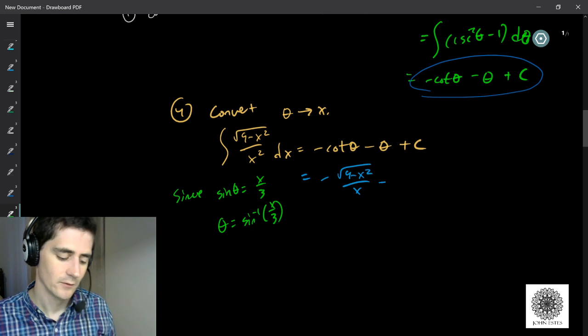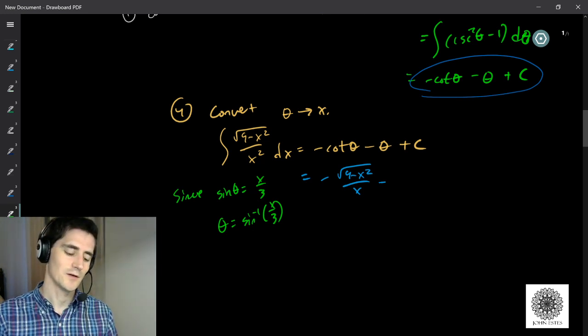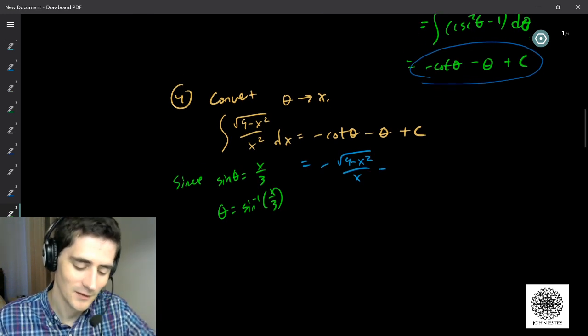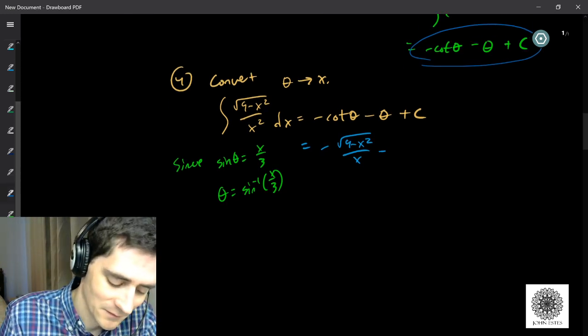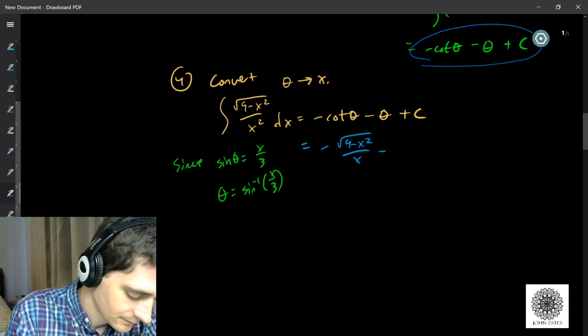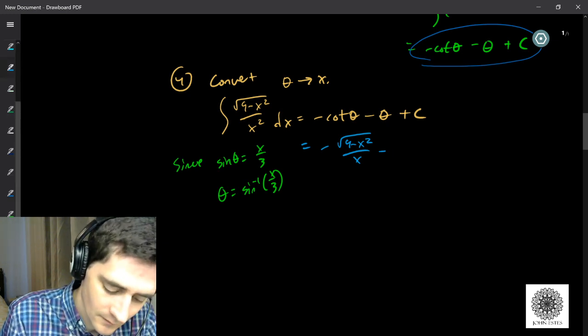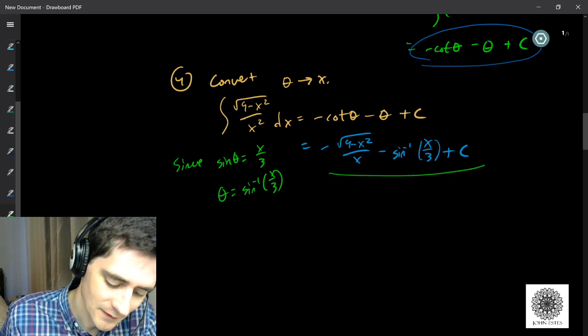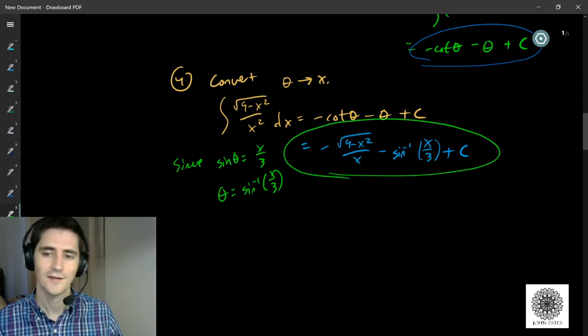And remember, we restricted theta to be quadrant 4 to quadrant 1, so that is consistent with inverse sine. So it works out for us. We get inverse sine of x over 3, and then we have our constant plus c. And finally, there is my integral.